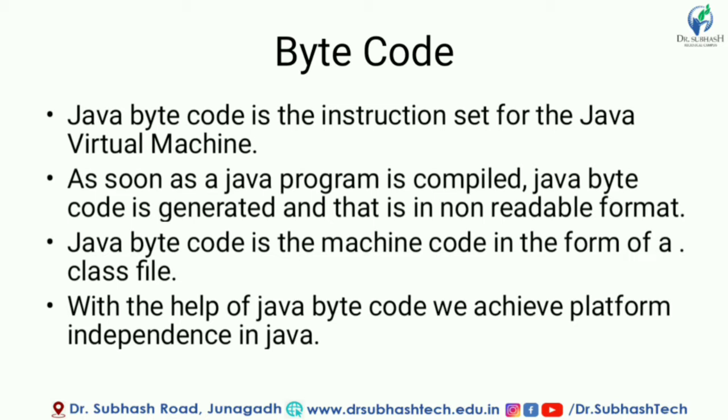As we know, this is a feature of Java. We have seen in the features of Java: Java is platform independent, Java is secure, Java is portable. This is because of the bytecode. Java is converted into bytecode, and that is the reason why it is platform independent.